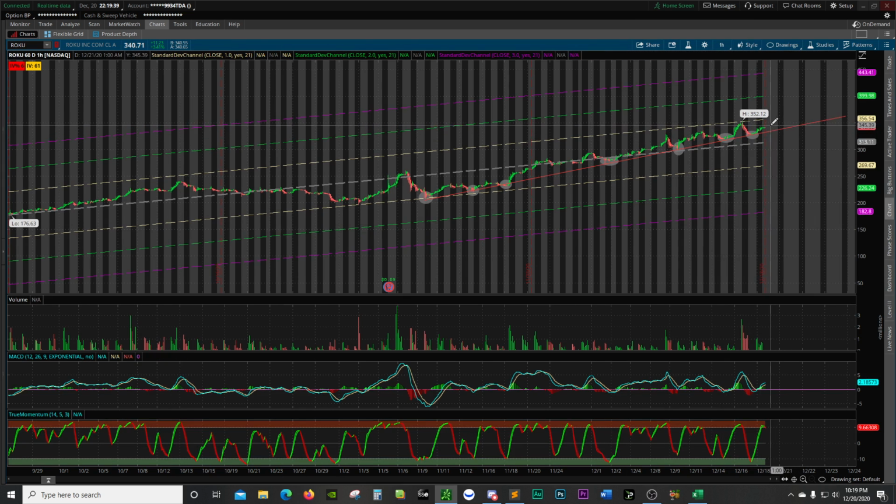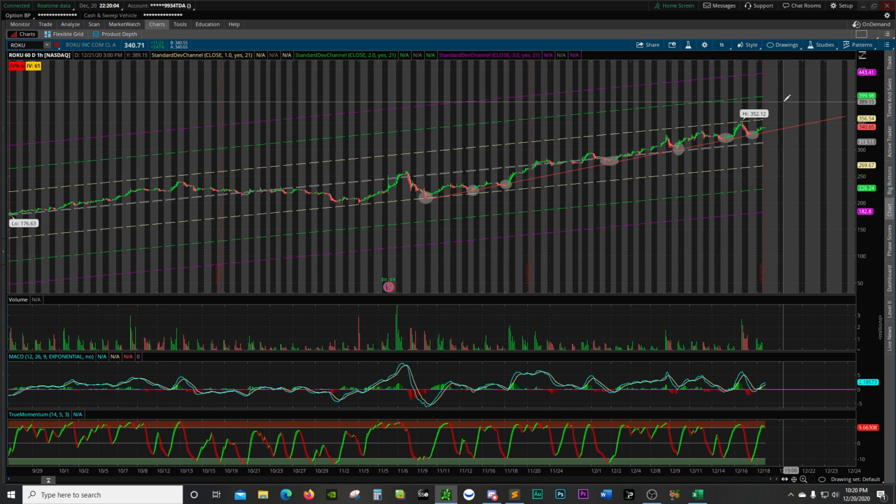So if it doesn't break through that trend and just bounces off of it, it could be bad, right? At this point, Roku just has to go sideways to touch that trend line. So unless it opens in red Monday, it's probably going to bounce. That's just my opinion, though.